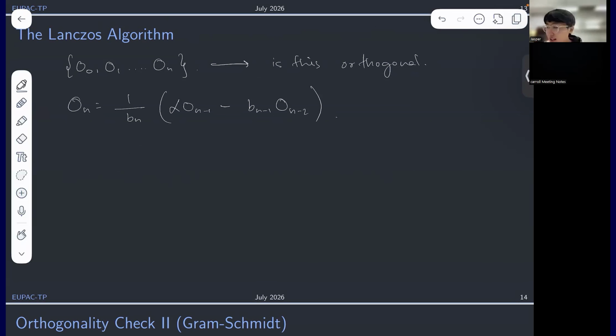So you can ask me, okay, yes, I have subtracted whatever is overlapping with O n minus 2, right? What about O n minus 3, or O n minus 4? Why aren't we subtracting those? That is actually because our Liouvillean is anti-Hermitian.